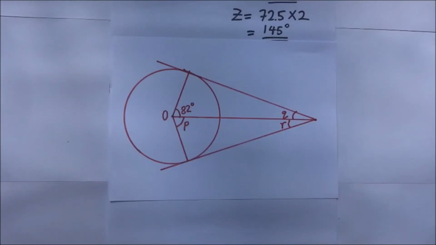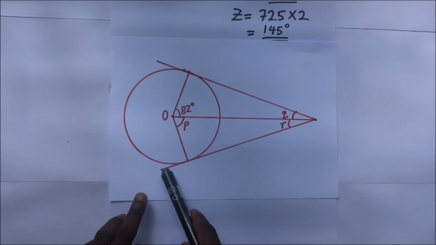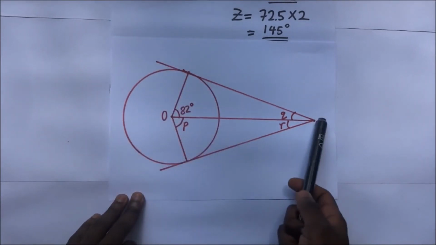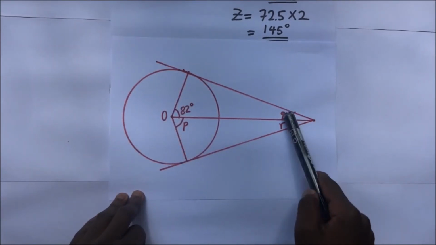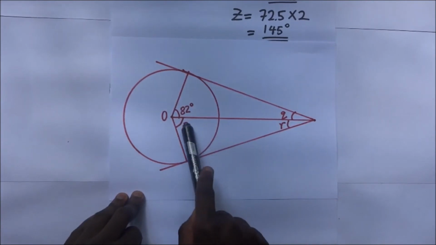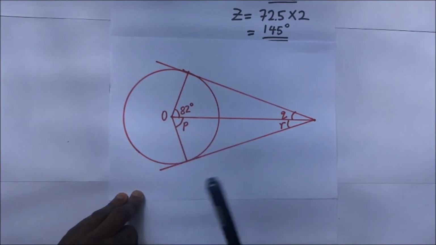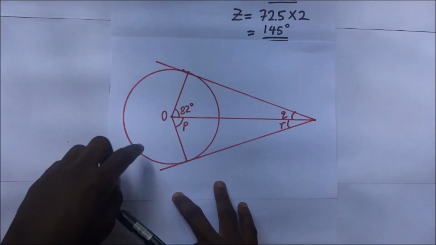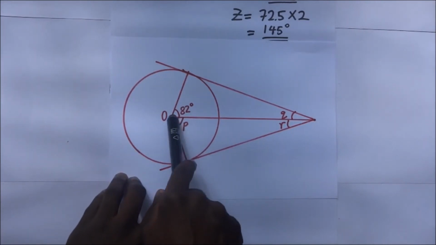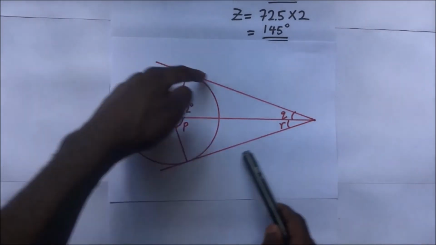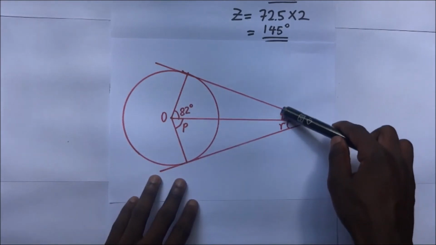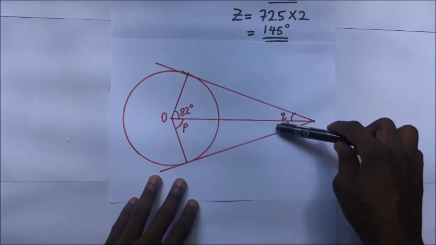We have another example to work out here. This is a tangent, that's also a tangent. We are required to find the values of q, r, and p. Straight up, from here we know that the line connecting the center of the circle to the point where these two tangents meet bisects this angle.